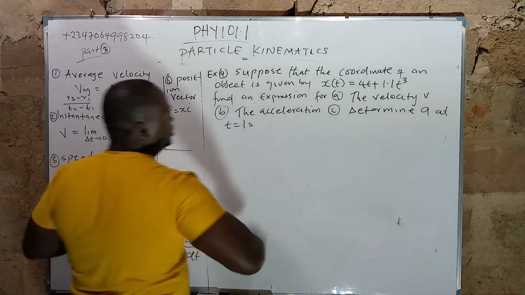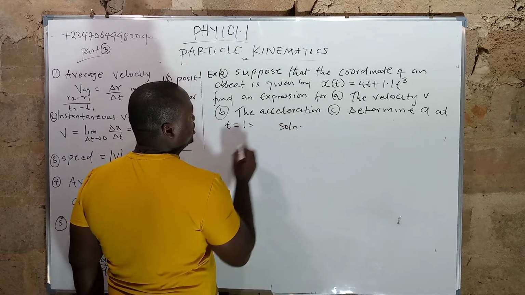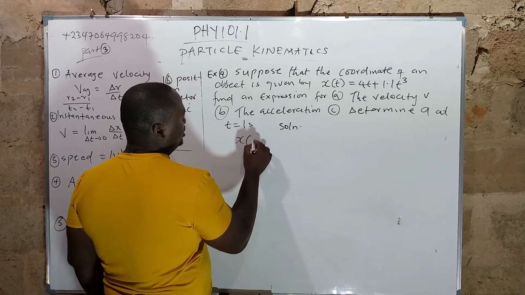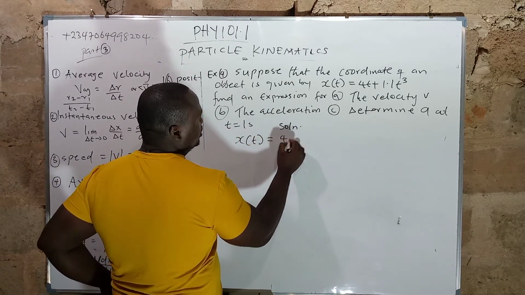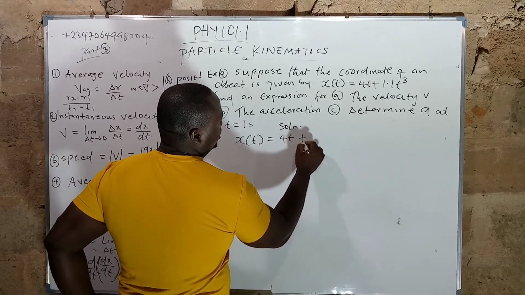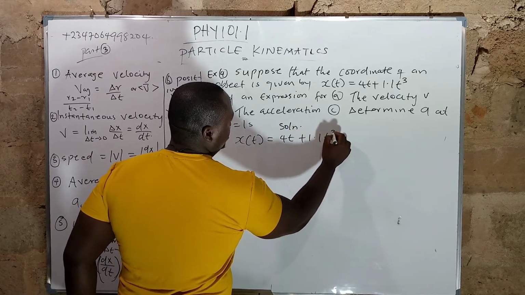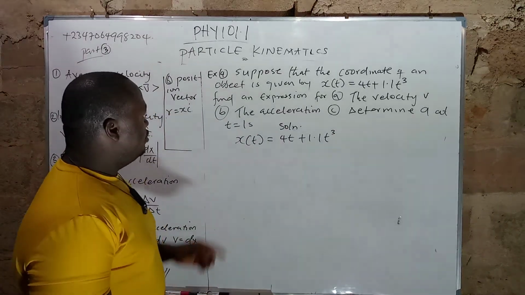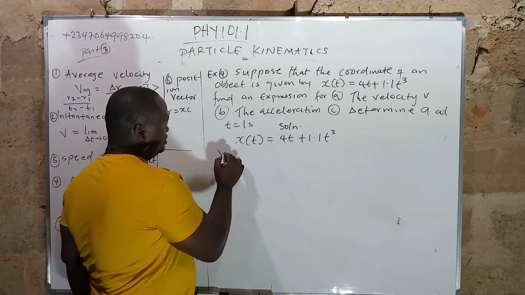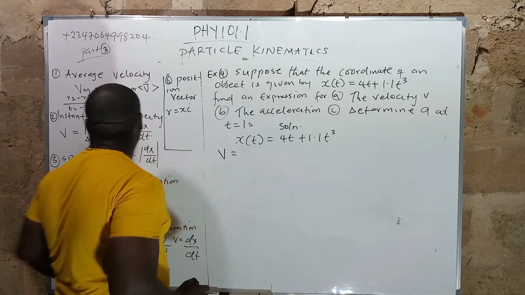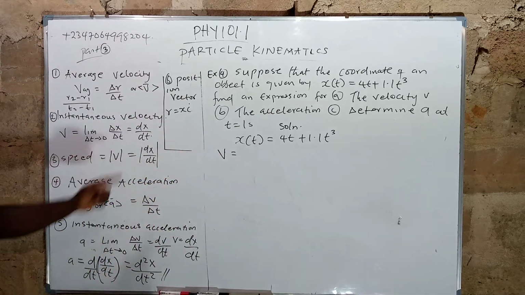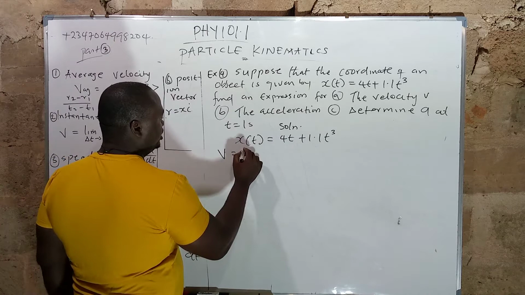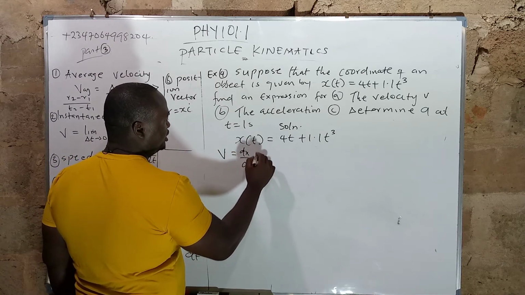So, of course, for the solution, we have to do differentiation. So this is x(t) equals 4t plus 1.1t cubed, right? Good. Now, for us to get the velocity, that's the instantaneous velocity, we have to differentiate, which is v equals dx over dt.